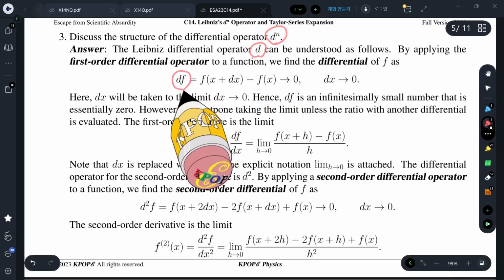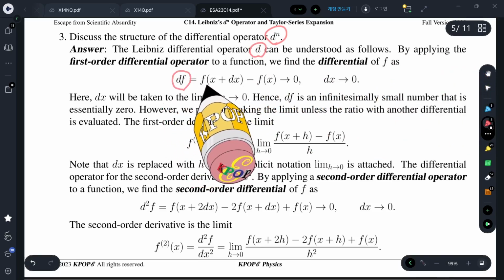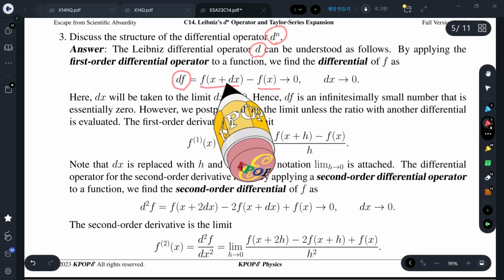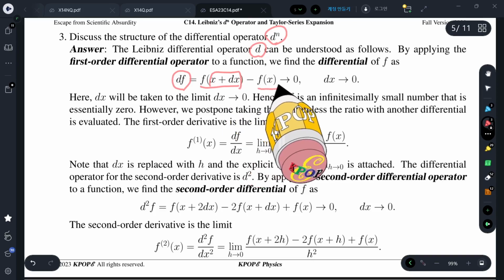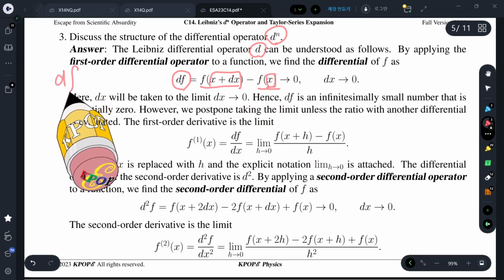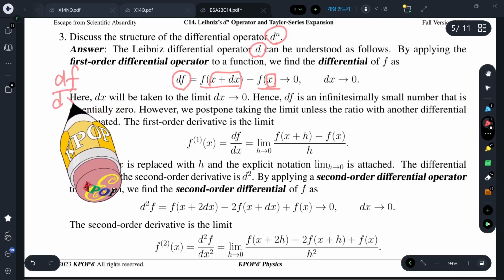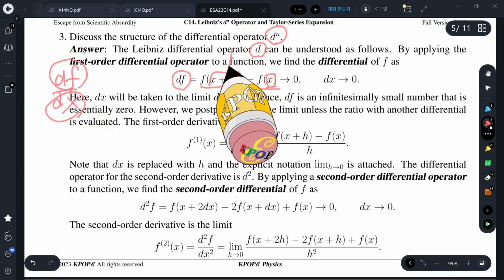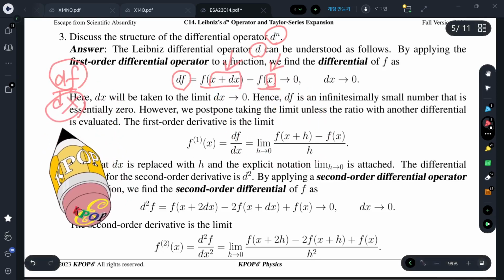When we write df, this df means f subtracted by f, but the arguments are different. And usually we rewrite this as df over dx. That means the argument must be shifted by this amount dx.